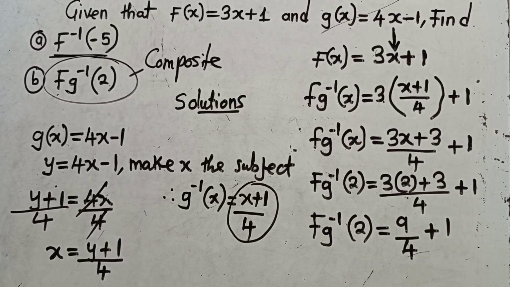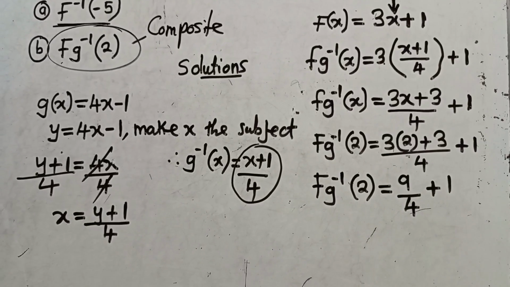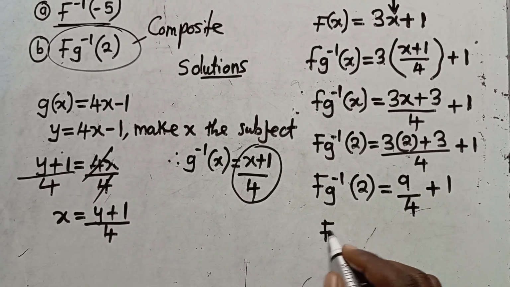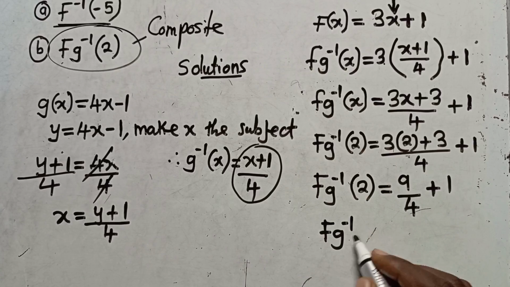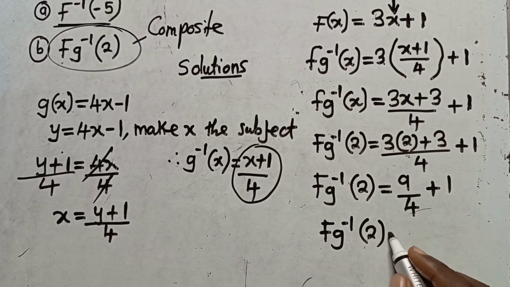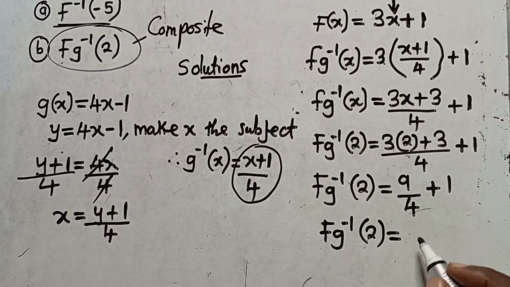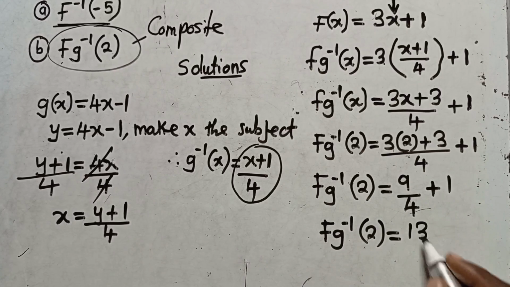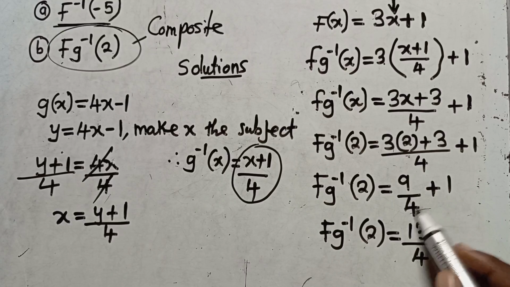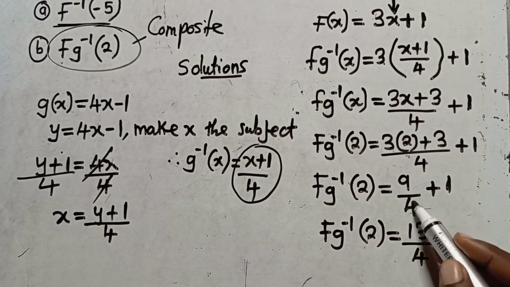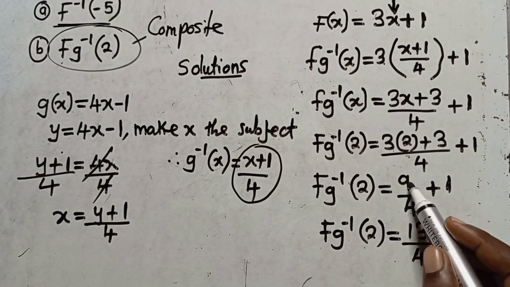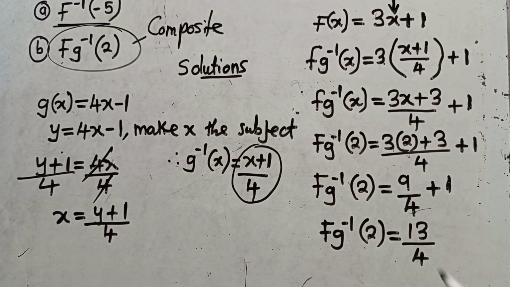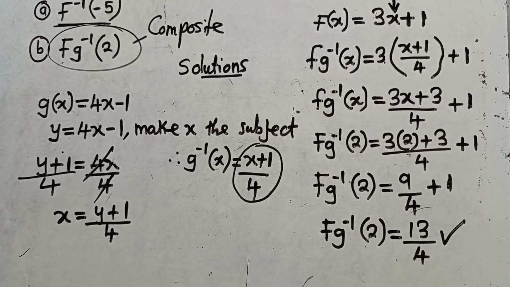If you evaluate this, you are going to get 13 over 4. 4 times 1, that is 4, plus 9, that is 13 over 4. This is your answer. You are done. This is what you are supposed to do.